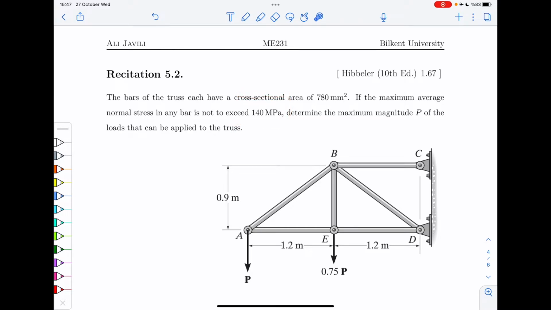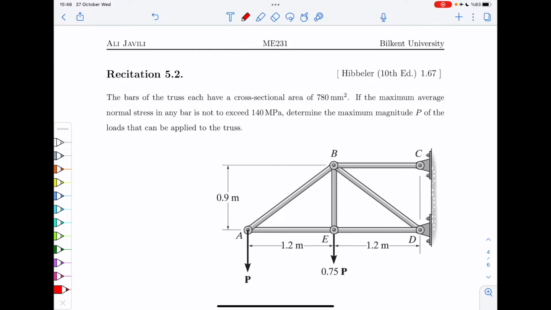Now, the structure is under force P, and we don't know what P is. So P is unknown. We want to analyze this structure and compute P such that the stress in all the members is less than 140 megapascal.